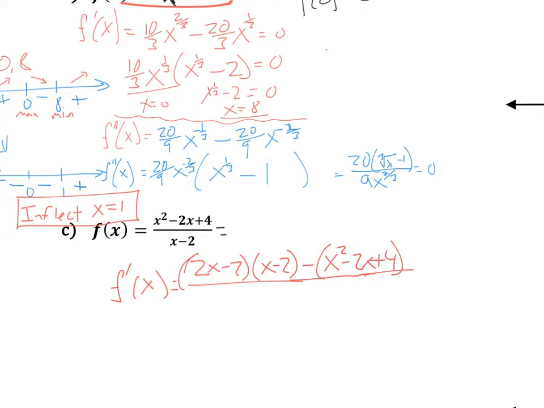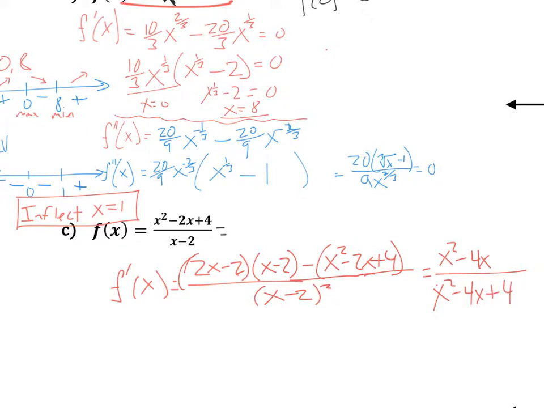Okay, and we have x minus 2 squared on the bottom. Let's clean that up a little bit. And for sake of time, I'm going to jump right to it. Should be minus 4x. And then we have a positive 4. Minus 4. Oh, the constants go away. That's nice. All right. x squared minus 4x plus 4 on the bottom.